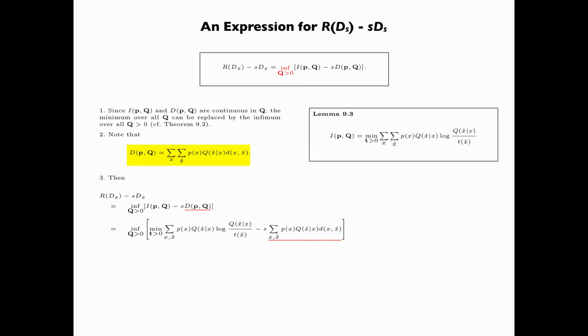Now observe that this double summation does not depend on T, so we can move the minimum over all T strictly positive outside the square bracket. This will be the expression for R(D_s) minus sD_s that we will be working on for the minimization algorithm.